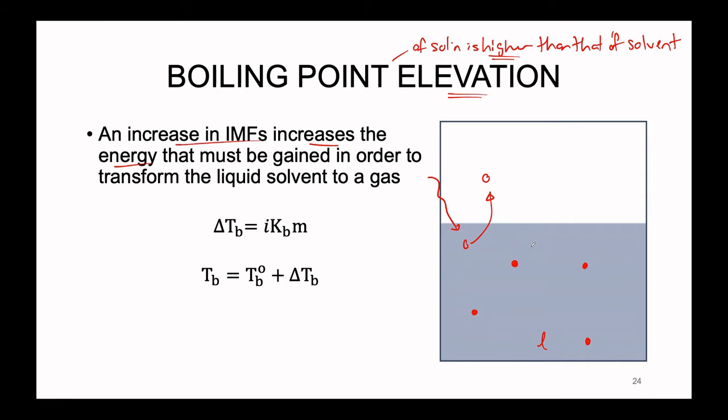Well, each one of these red dots is going to be surrounded by a particular number of solvent particles in the spheres of hydration arrangement that we've talked about already. So the solvents will not only be bonded to each other, but they need to be coordinated around a solute in order to stabilize the solute in solution as well.